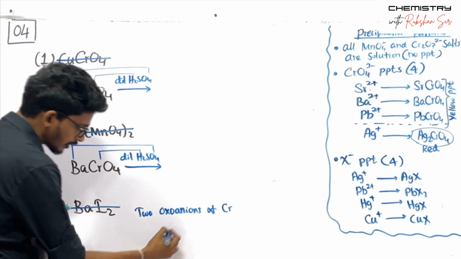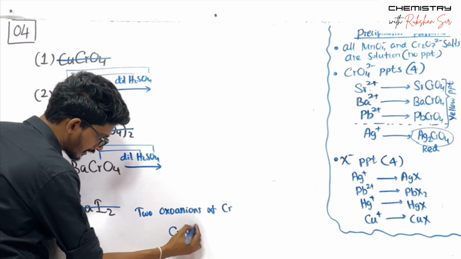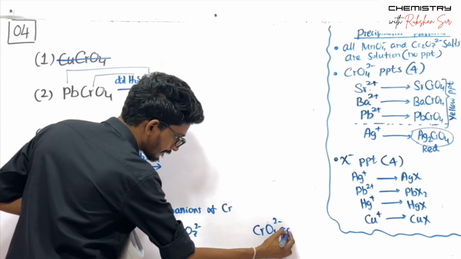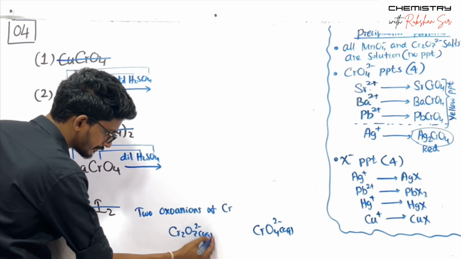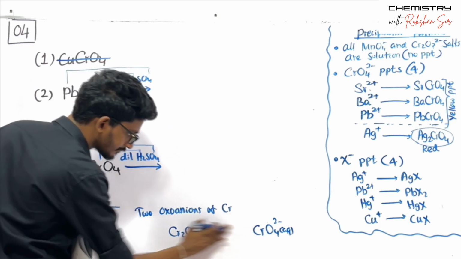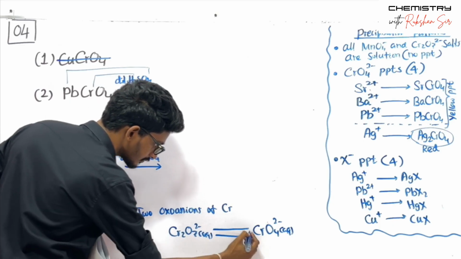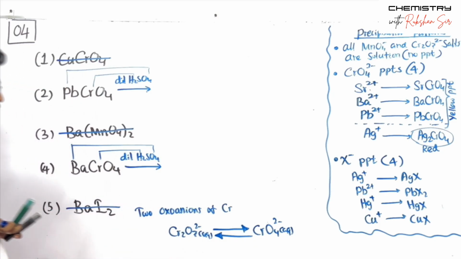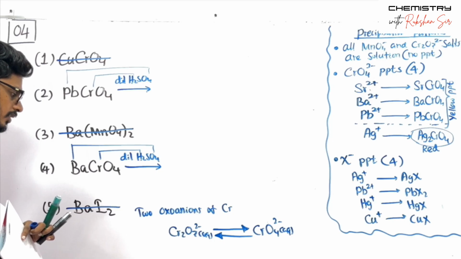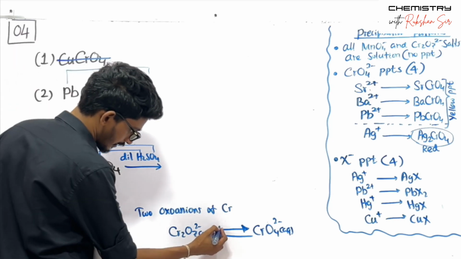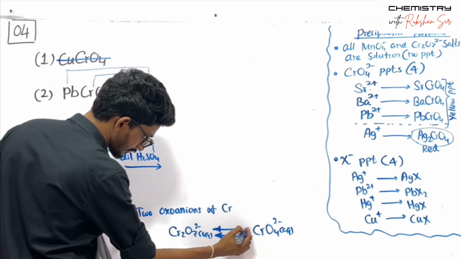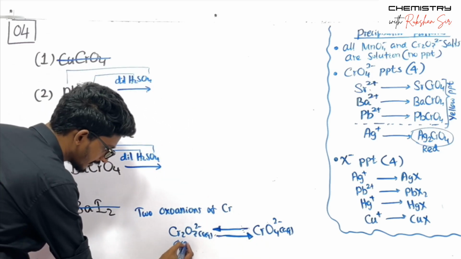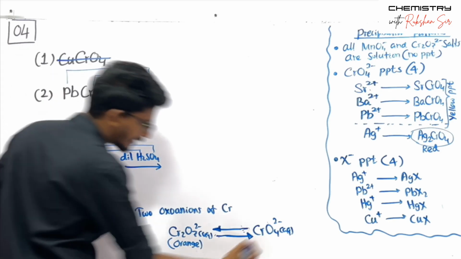Cr2O7 2 minus and CrO4 2 minus. These are in equilibrium. This one is orange in color. This one is yellow in color.